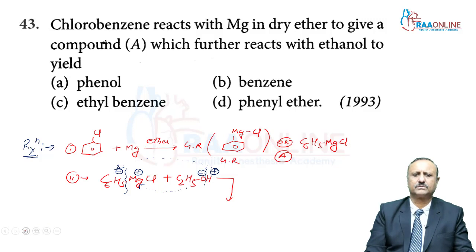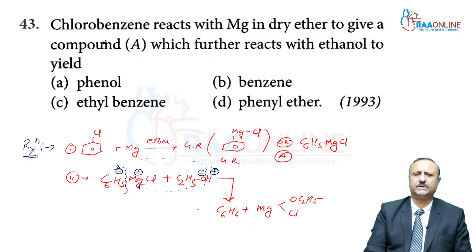Now, my dear students, you get C6H6 plus MgOC2H5Cl. This is called benzene. So, your answer to question 43 is benzene.